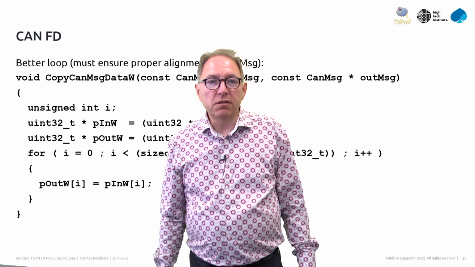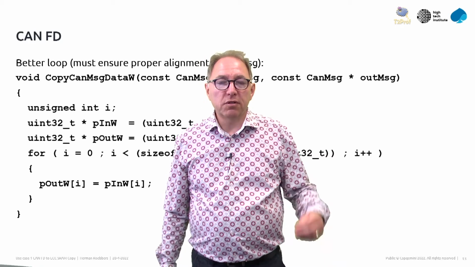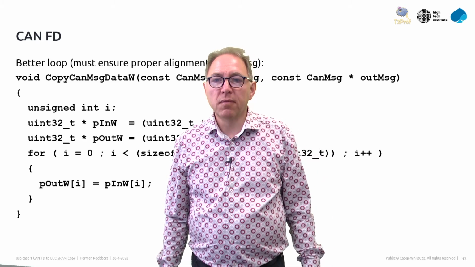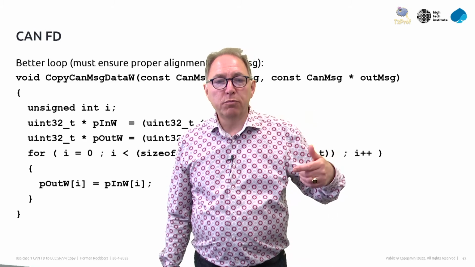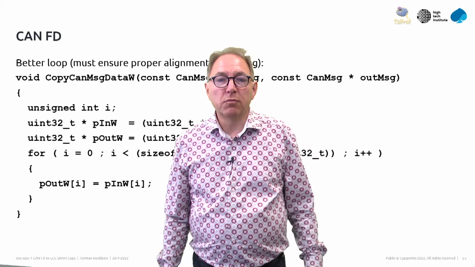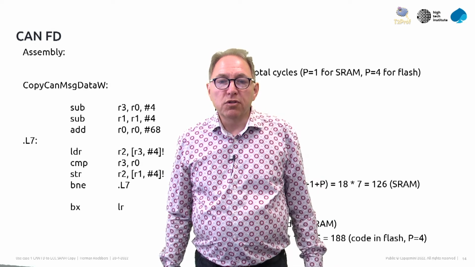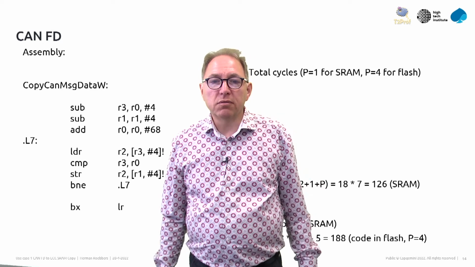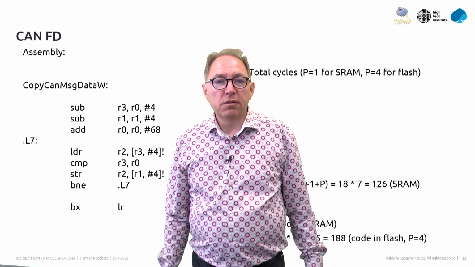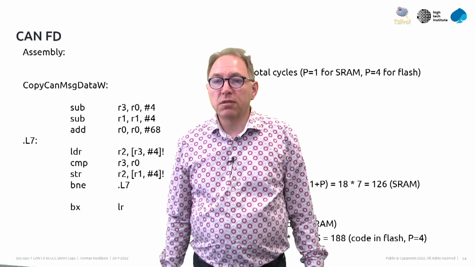The idea is then to copy words at a time, because if we write a word at a time, we can still have a single-cycle write. We have a similar loop, but now we write 32 bits at a time instead of just 8 bits. That is a lot smaller, so we go down to around 130 cycles, because the loop is smaller and all the writes take only 1 cycle instead of 3.